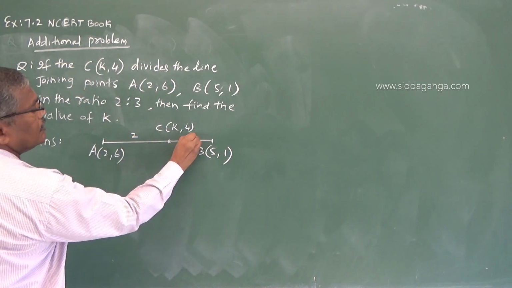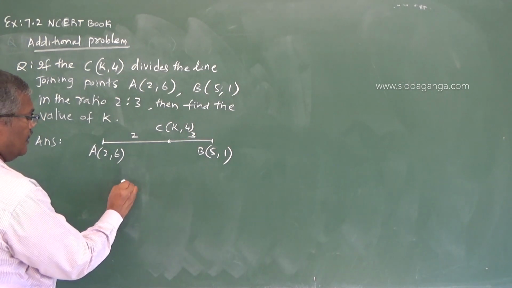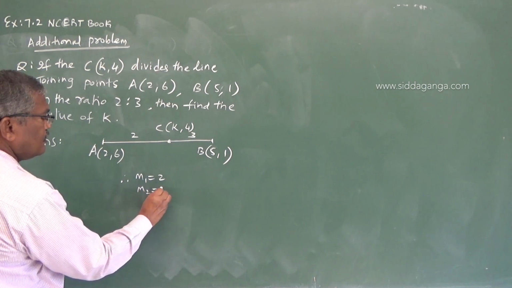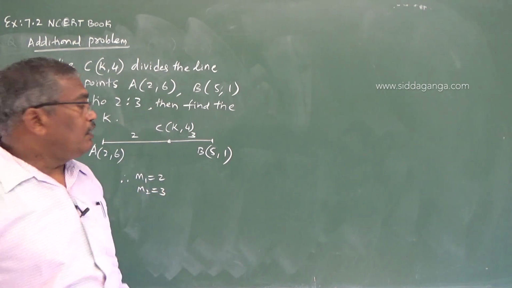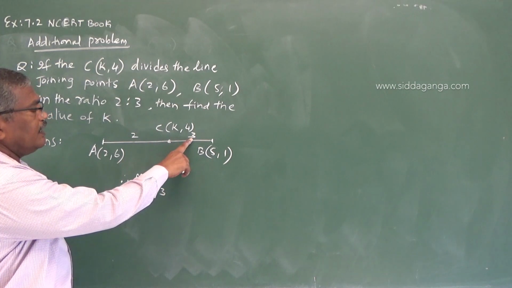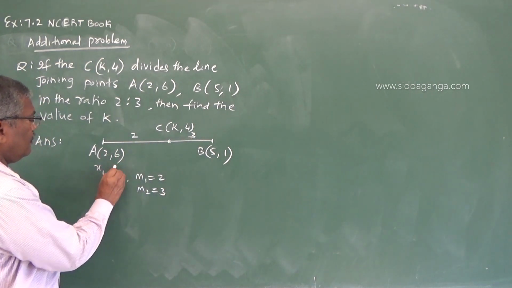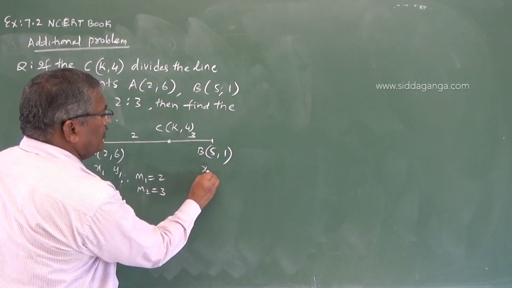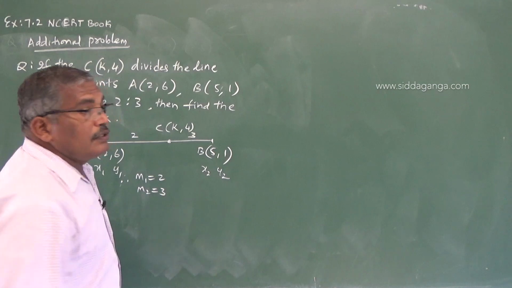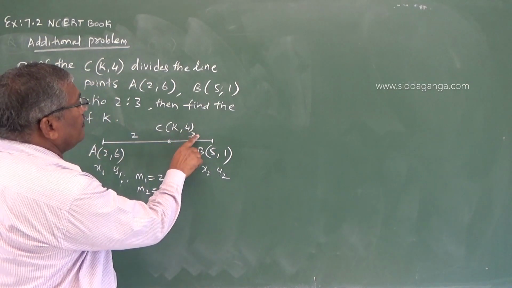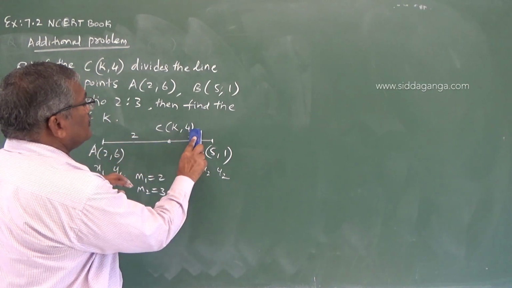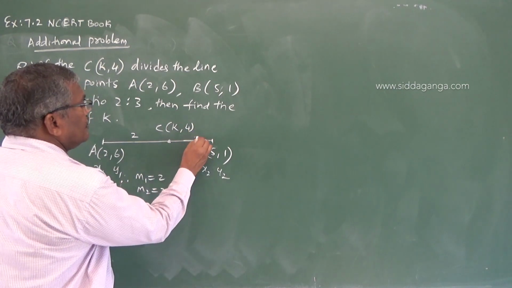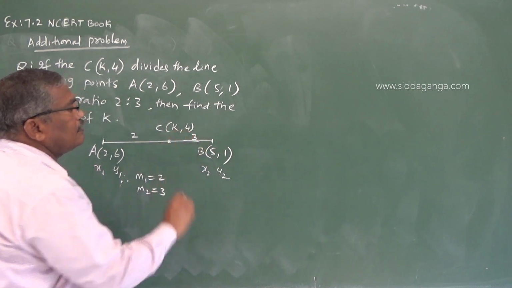Therefore, this is 2, this is 3, so m1 equals 2, m2 equals 3. We have x1, y1, x2, y2, and this is K, the distance CB, it is 3.